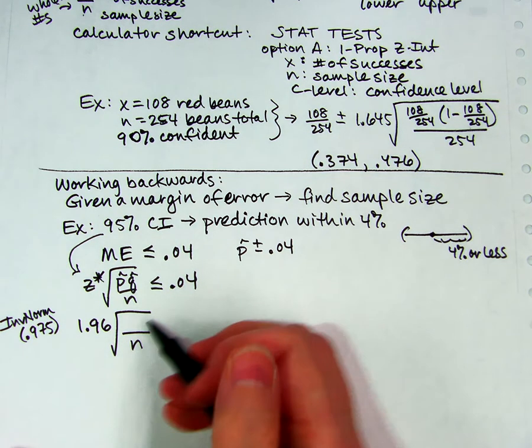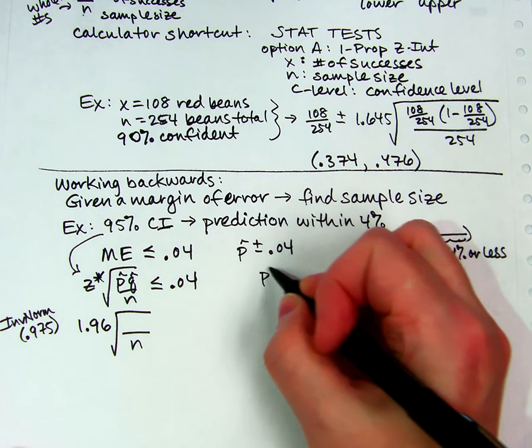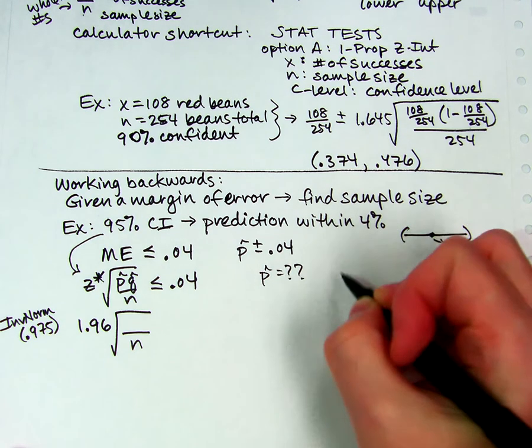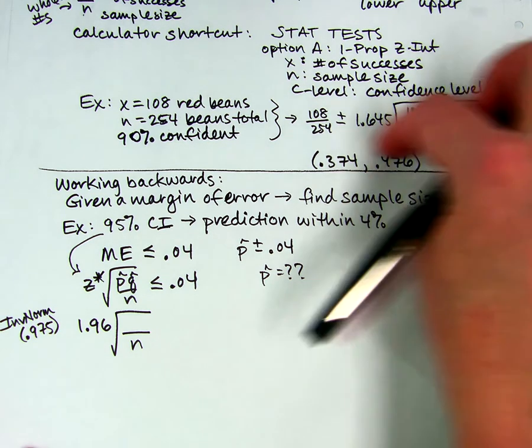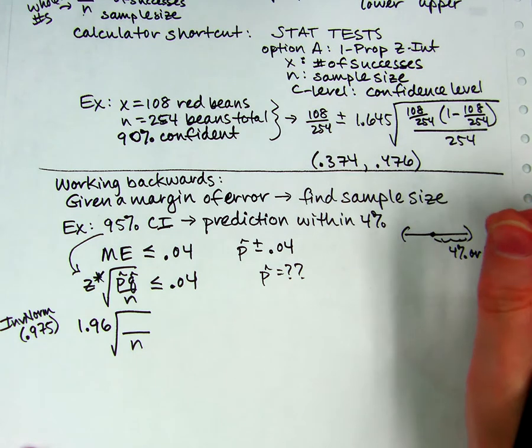If you have no idea what p hat is, there's a rule of thumb for that. If you do know what p hat is, you use it, obviously. So like with this beans thing, I would use the 0.425, whatever it was.